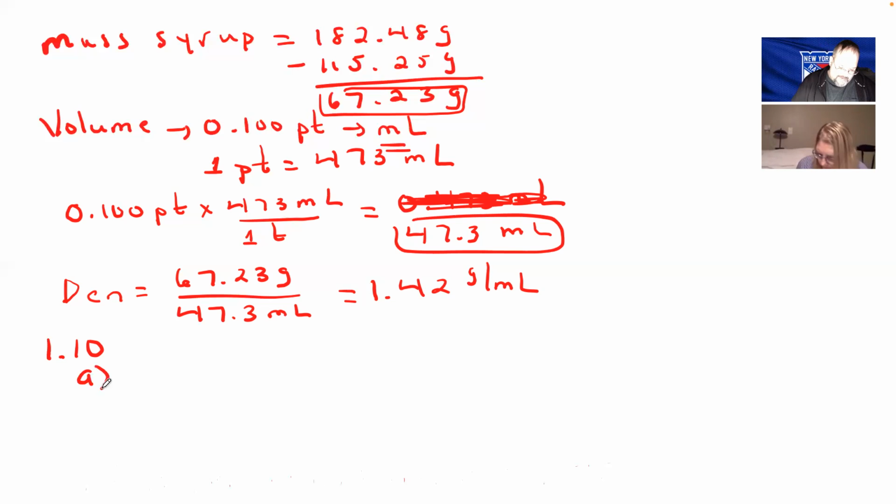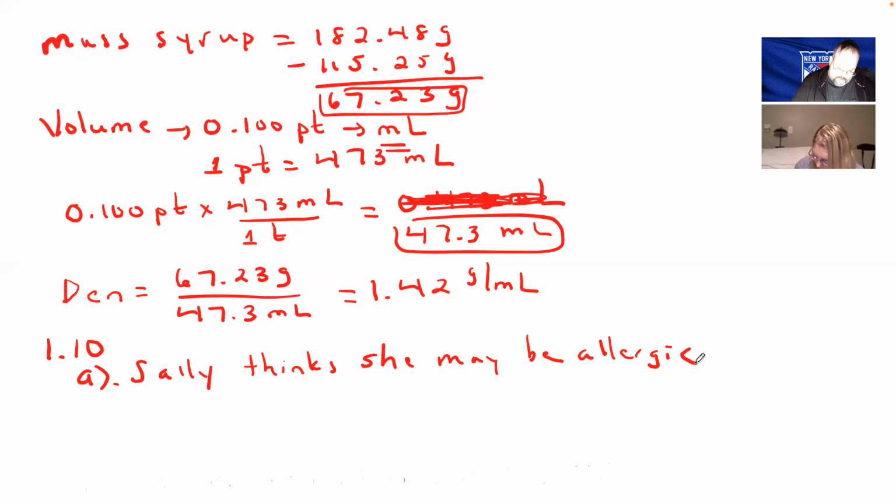Letter A is that Sally thinks she may be allergic to shrimp. If you think about that, what part of the scientific method is that?